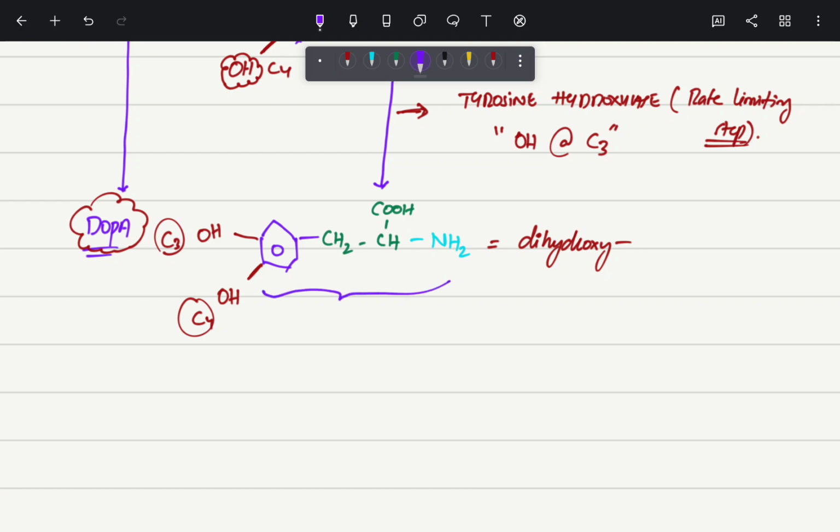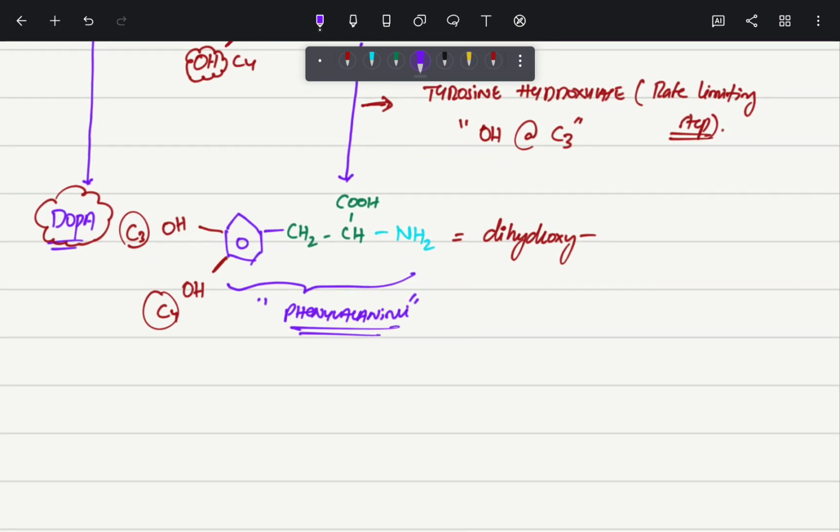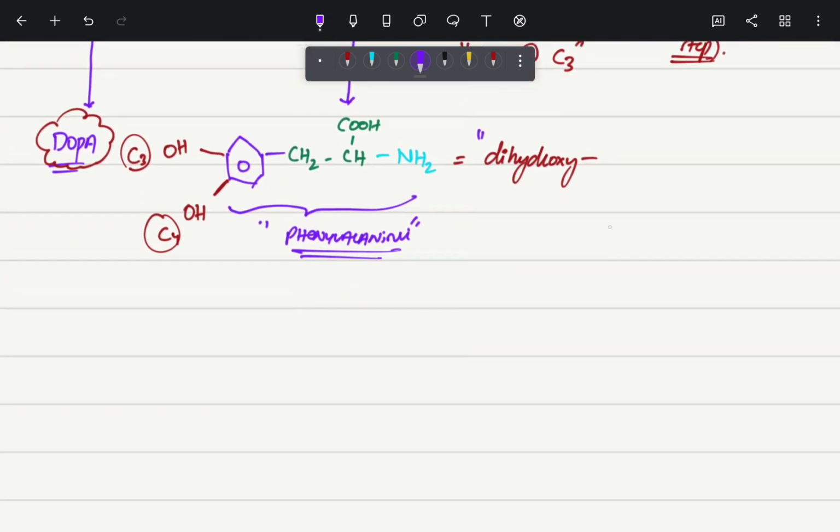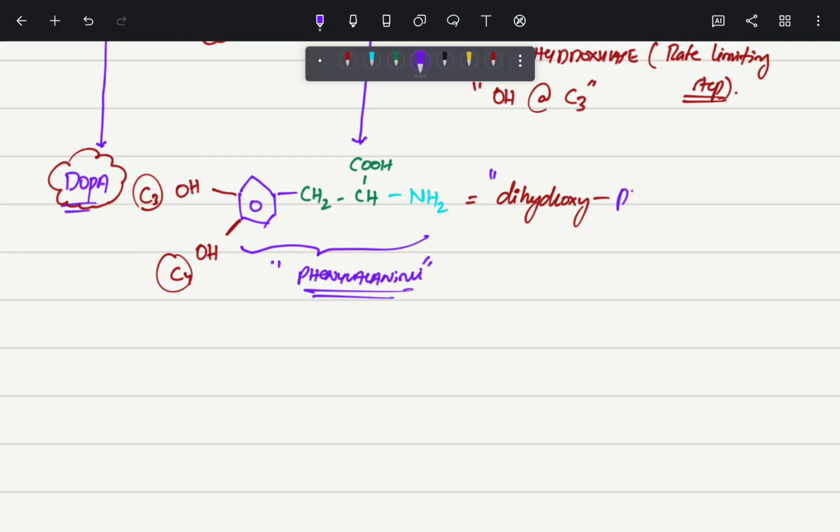Because as you can see here, the structure is similar to phenylalanine. Hence dihydroxyphenylalanine is the other name for dopa.